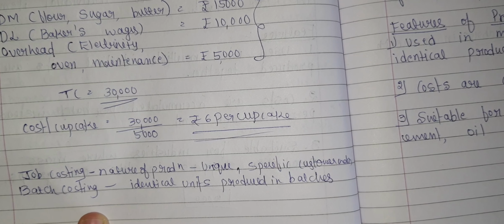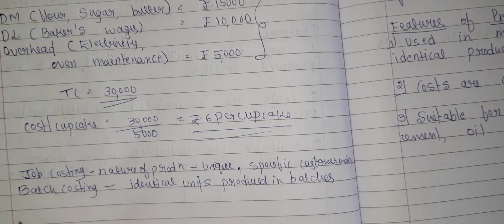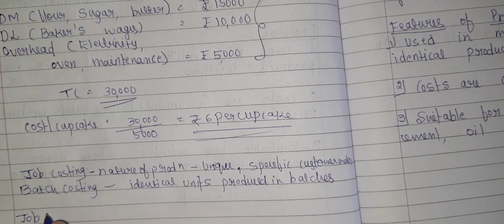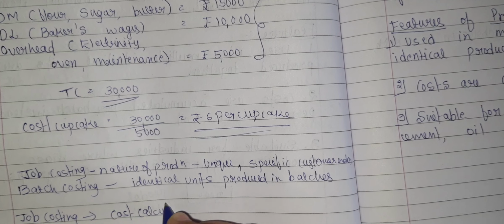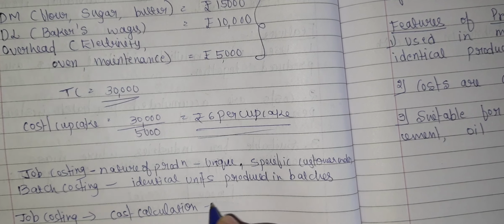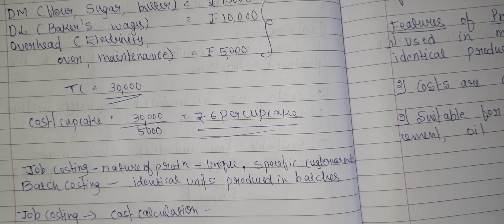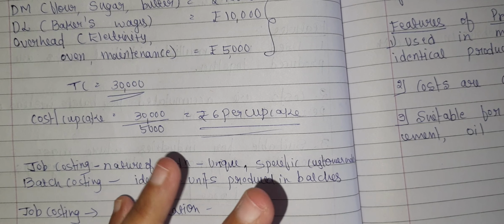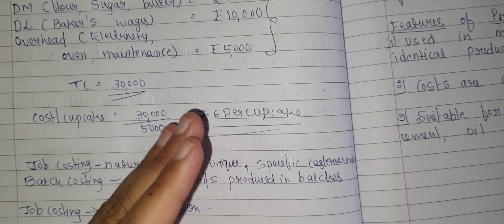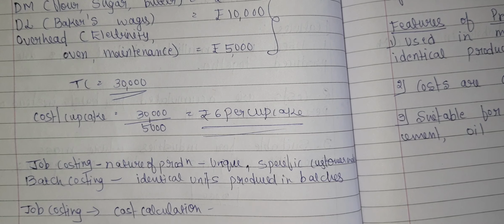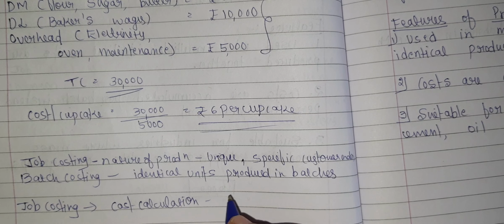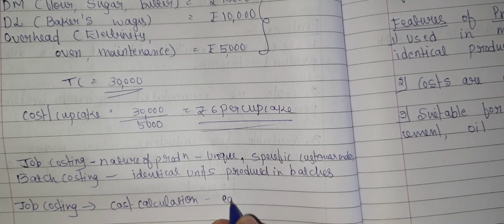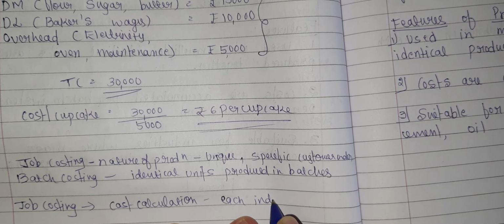Clear? And here cost calculation in job costing: the costs are accumulated for each individual job separately.